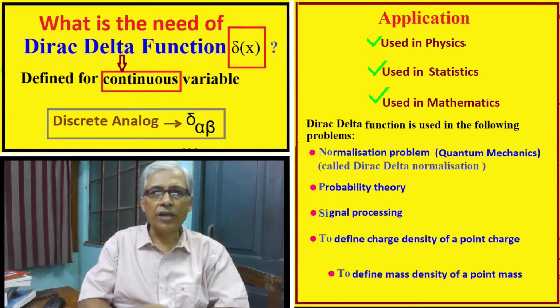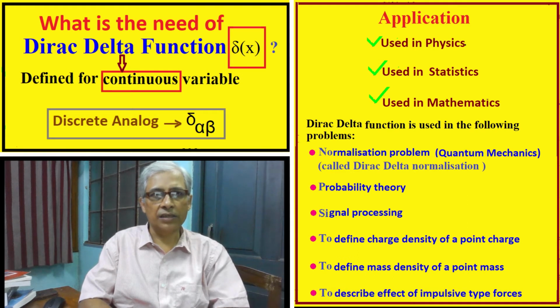If we have a point mass, how can we define or describe mass density? We can do it very easily and elegantly with the help of Dirac delta function. Also, Dirac delta function helps us in analyzing the effects of impulsive type of forces. So we feel the need of studying Dirac delta function in detail.